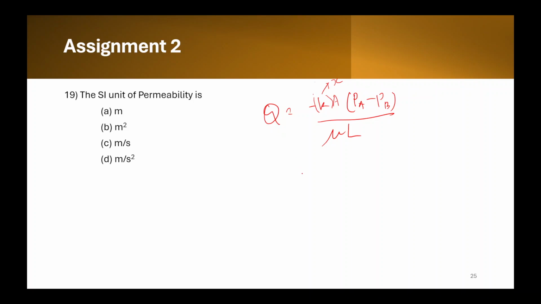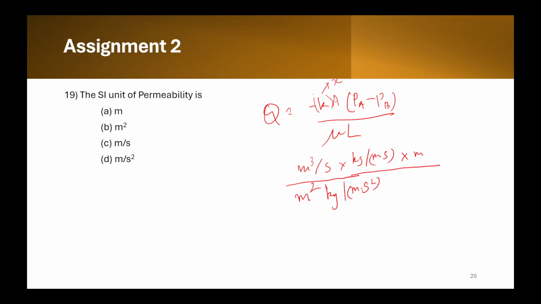The unit of Q is meter cube per second, and if we take all this on this side, area is meter square, pressure is kg per meter second square, and viscosity is kg per meter per second, into meter.